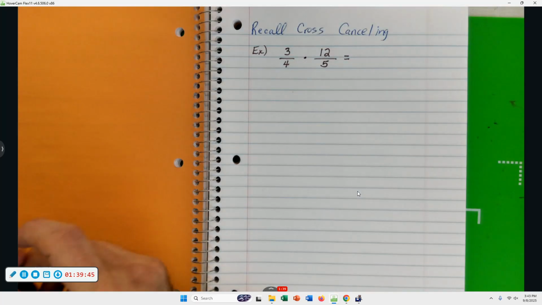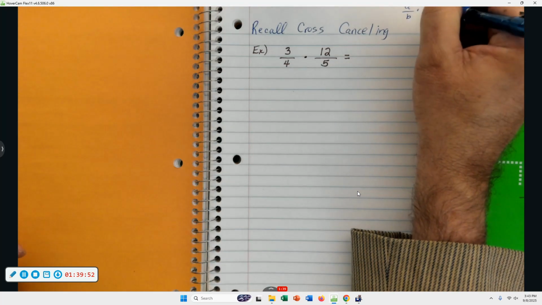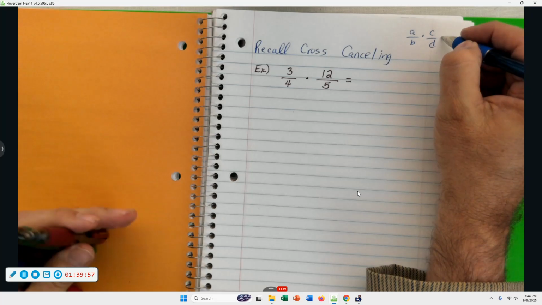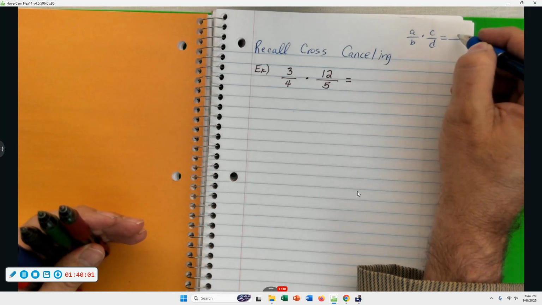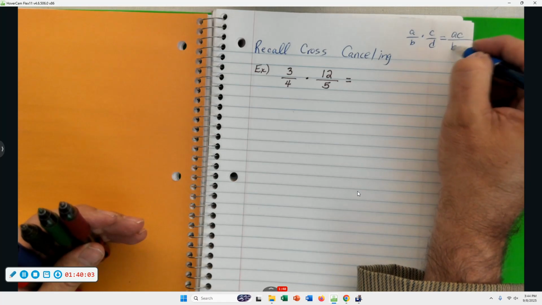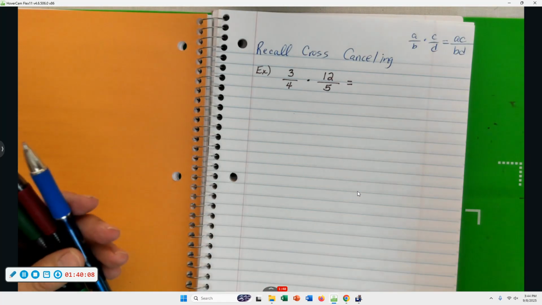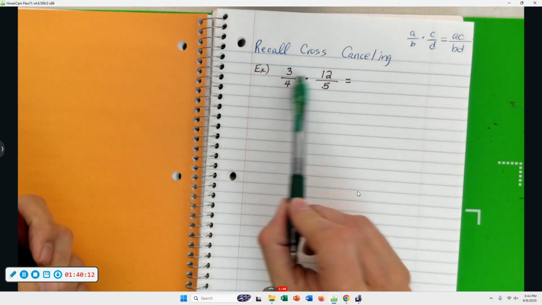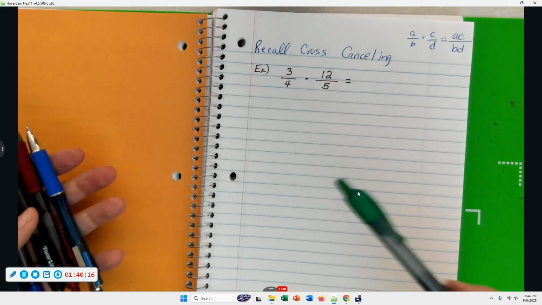One way you can multiply these, the official rule for multiplying fractions, A over B times C over D: if someone told you to state the rule, it would just be A times C over B times D. That's the way it's formally defined. To multiply fractions, you multiply the numerators together, then the denominators together. We could just multiply and we get 36 over 20, but then we have to reduce this.